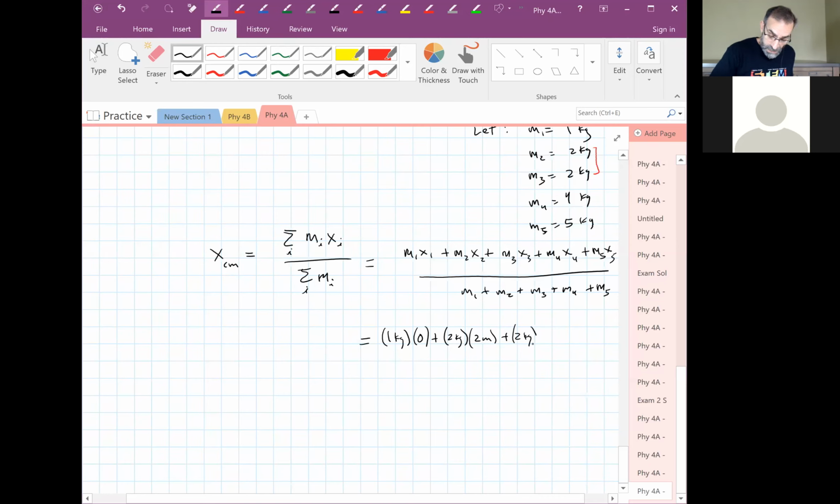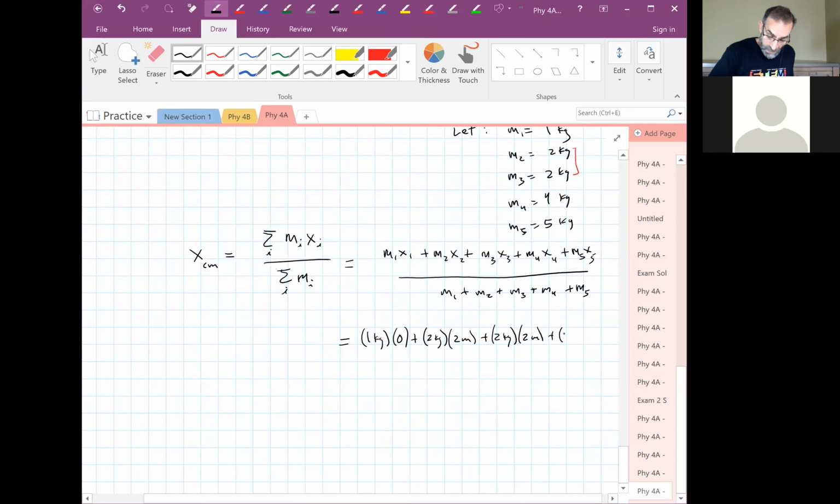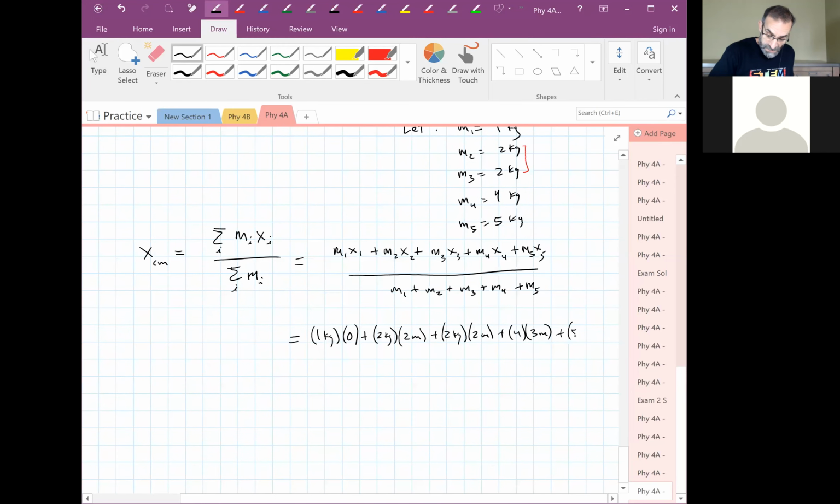And block 4 is 4 at 3 meters. And block 5 is 5 at 5 meters, right? And I add up the masses, 1 plus 2 plus 2 plus 4 plus 5, that's 14 kilograms.